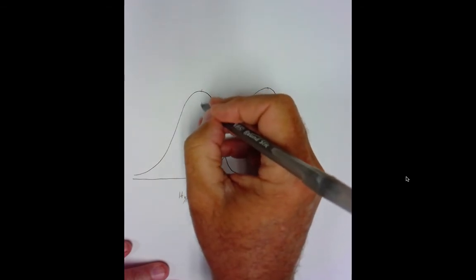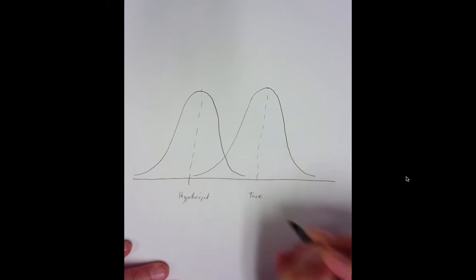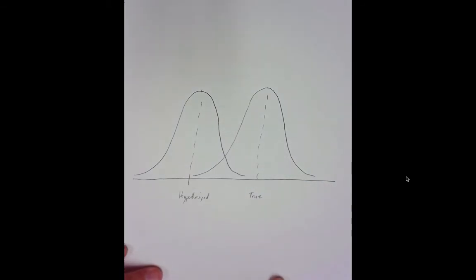I've got this other distribution that we are truly drawing from. And I'm going to do this demonstration on a right tail test.